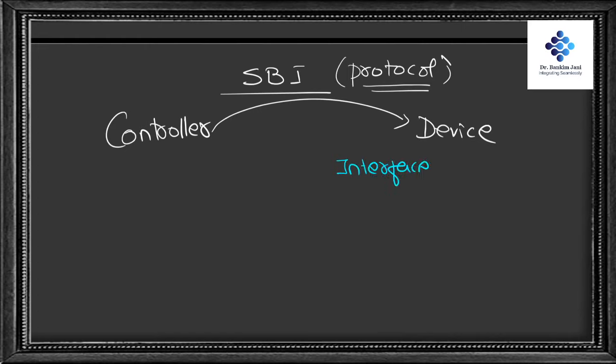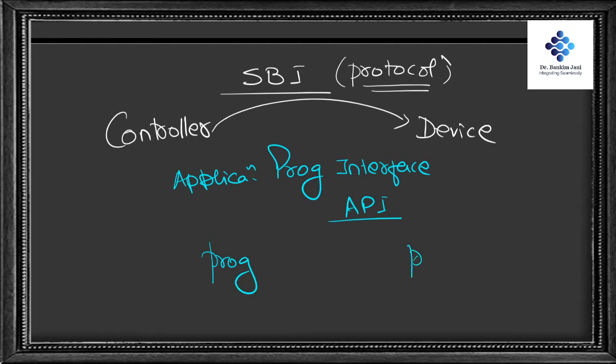We require some interface, and that is what is called the application program interface, or API. Whenever we use this word, API, it is nothing but this is one program and this is a second program, and when one program wants to talk to the second program, you require an API.